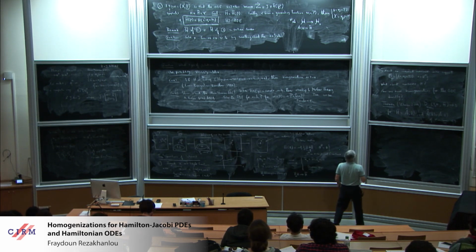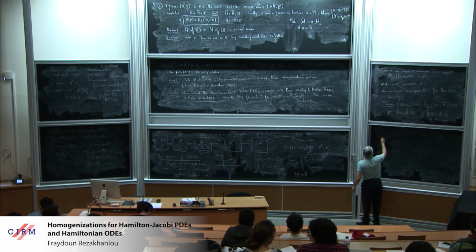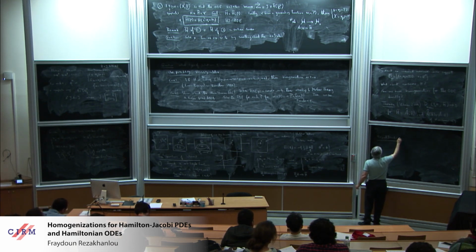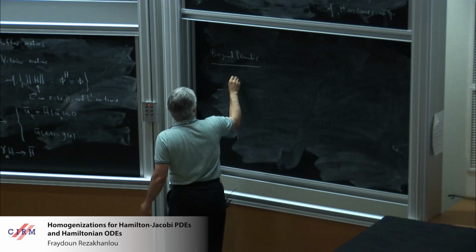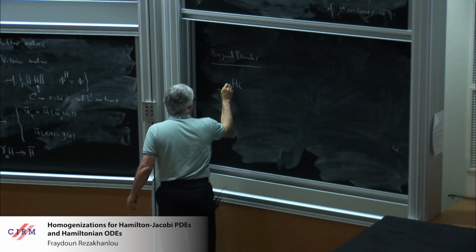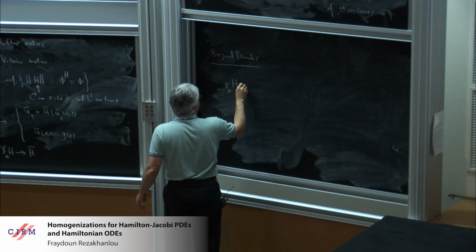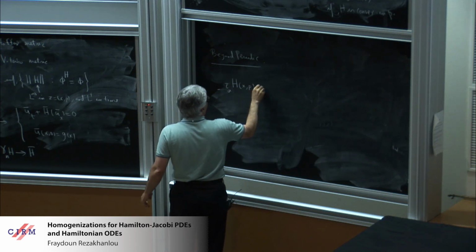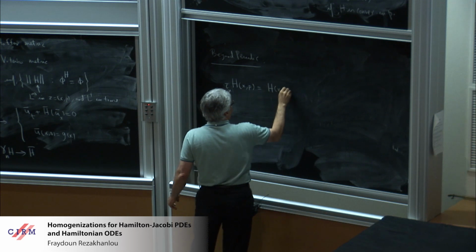Okay, so beyond periodic. First, what does periodic mean? Periodic means you give me H, and I translate it. So let's define a translation: tau_A H(x, p) is H(x plus A, p).